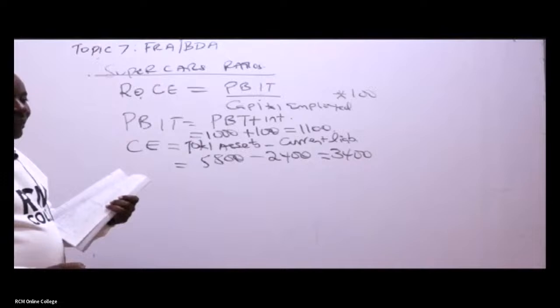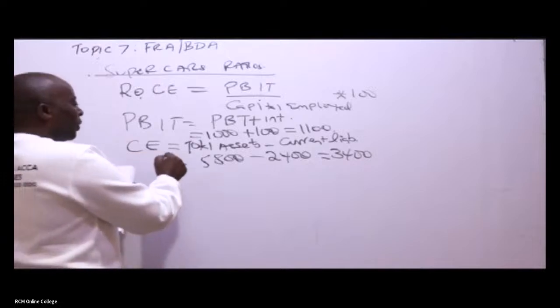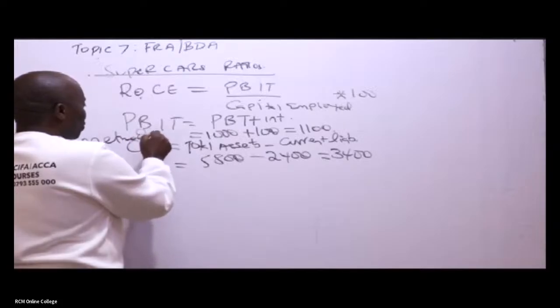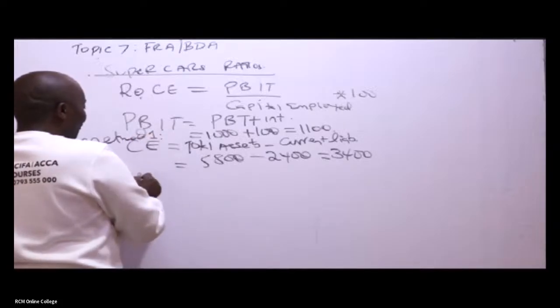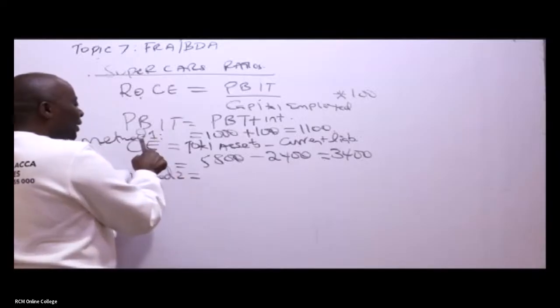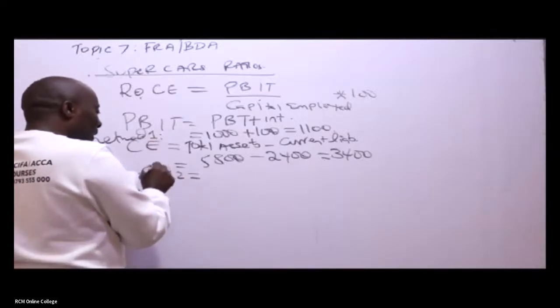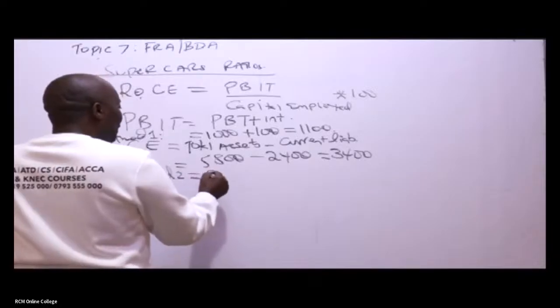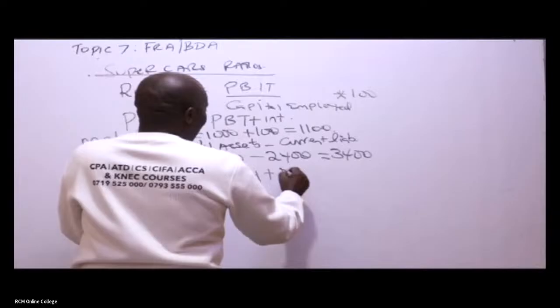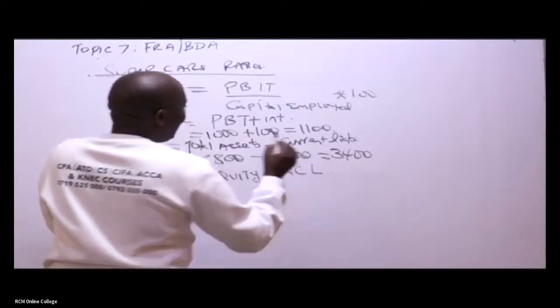And then remember, we have another method. This is method 1. Is there somebody who was able to use method 2? Method 2, the capital employed will be all equity plus non-current liabilities.